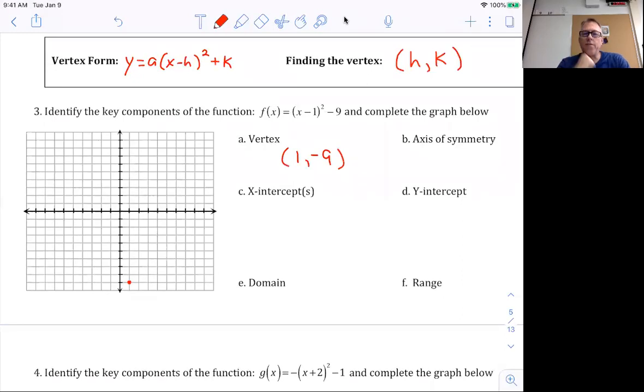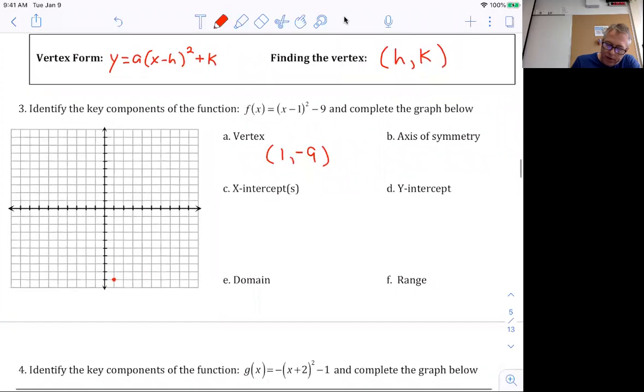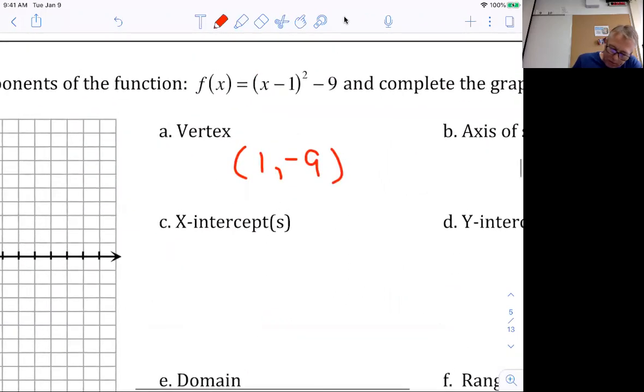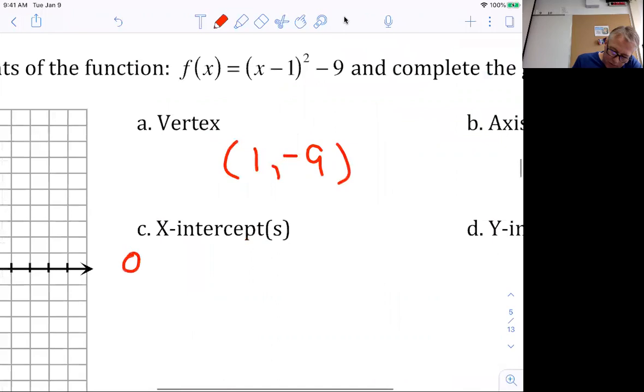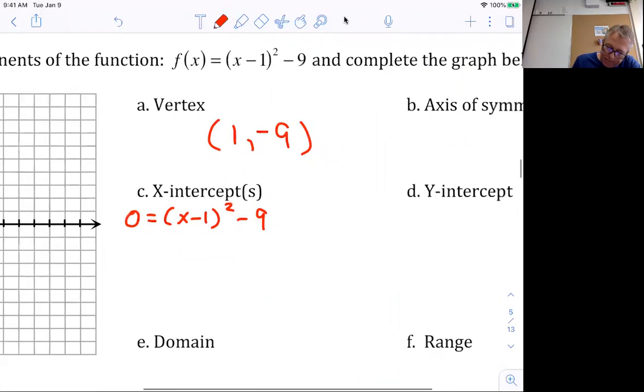All right, well, let's find out what those are. The x-intercepts, remember, we find when y is equal to 0. So I'm plugging a 0 in there. So I'm going to solve 0 equals (x minus 1) squared minus 9.